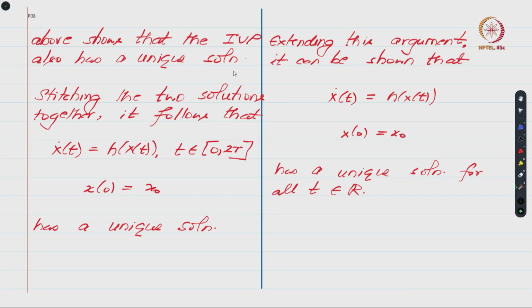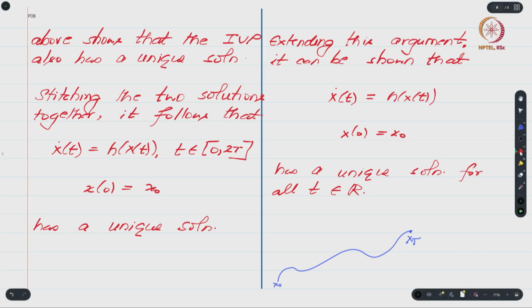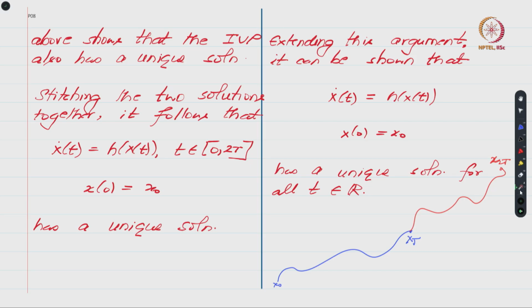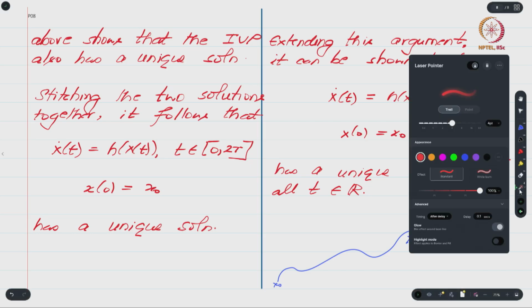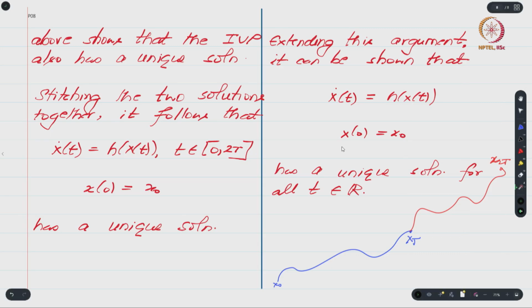Now we can stitch those two solutions. By stitch I mean that the initial solution, let us say, started at x0, and at time T reached this x_T, and the subsequent solution started at x_T and, let us say, landed at x_2T. You can stitch these two solutions together, and that would lead to a unique solution for this initial value problem.